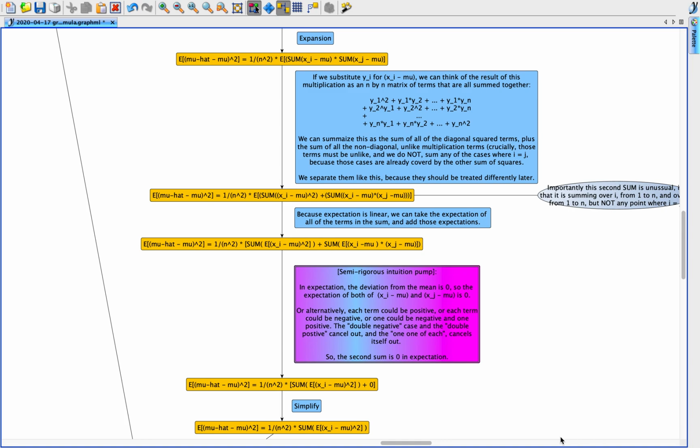Another way to think about this is each term could be positive, each term could be negative, or one could be negative, one could be positive. The double negative case and the double positive case cancel out.